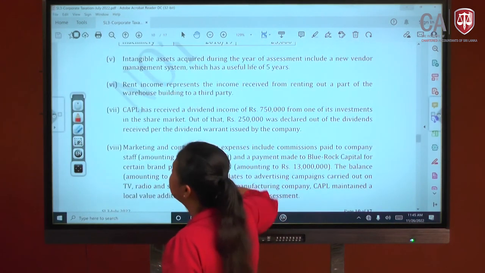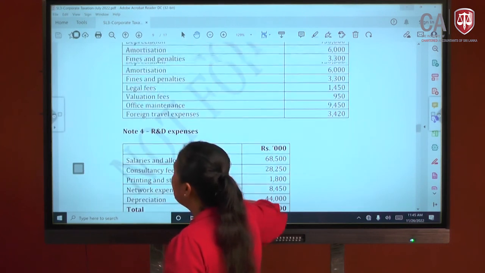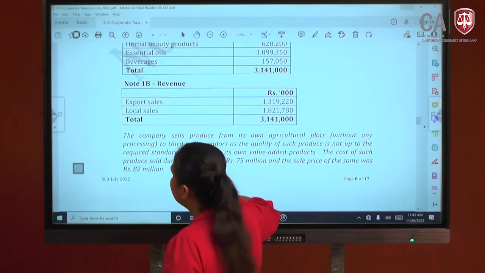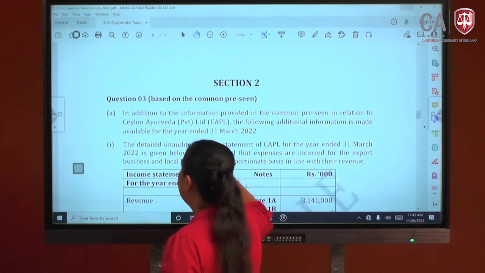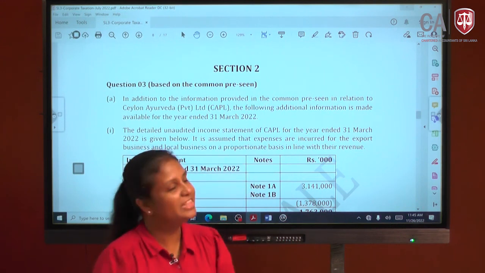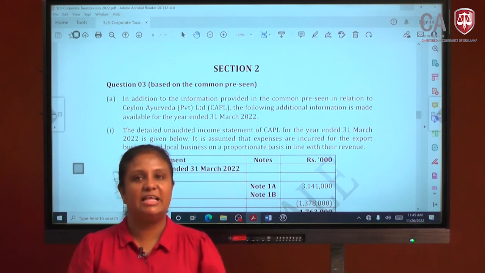Everything in section 2 we have completed. Comparatively, all the students can attempt this question very carefully if they have done it. Very good question from the side of the students. Okay. Now with all that, let me finish off section 2 question 3 fully.